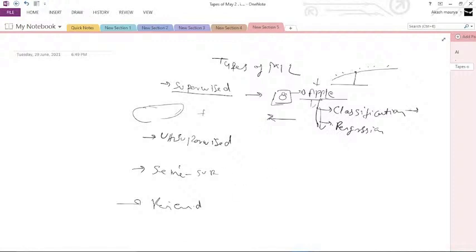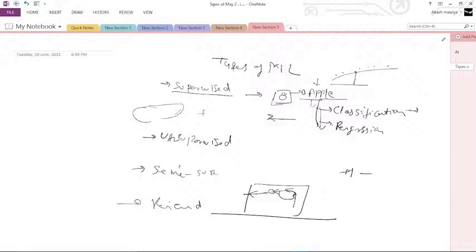Let's say I have one game, let's call it a snake game. There is a snake going, and there is a fruit. Whenever the snake eats the apple, you give it a reward, and whenever the snake touches the wall or touches its own body, you give it a punishment.